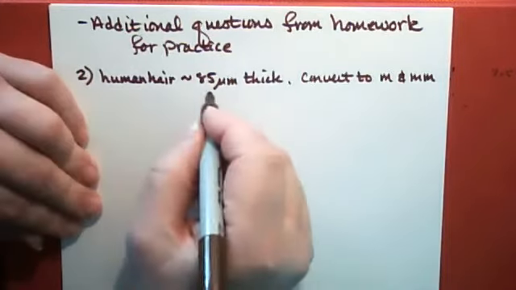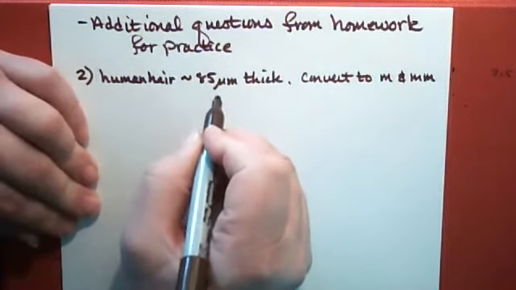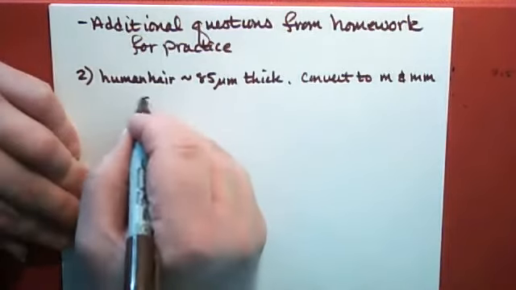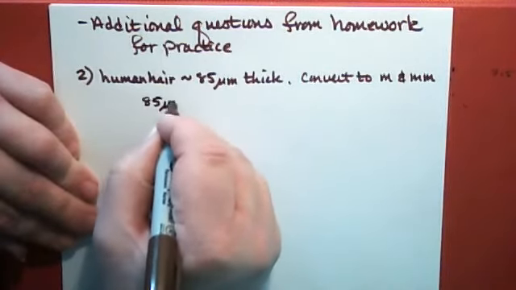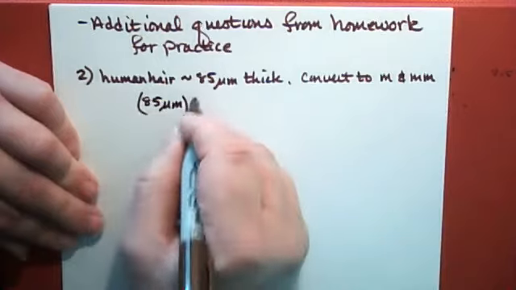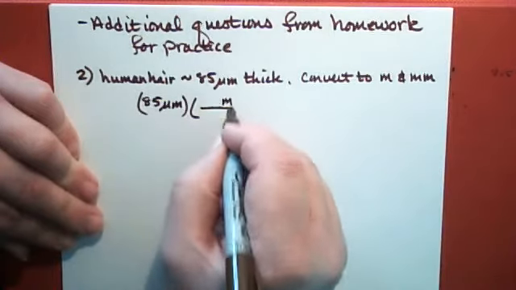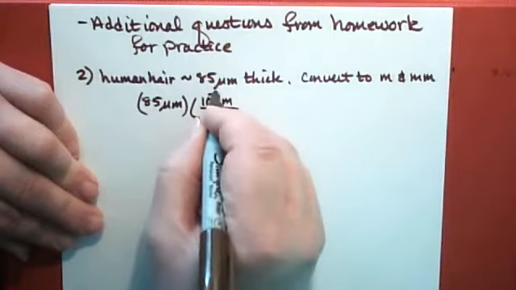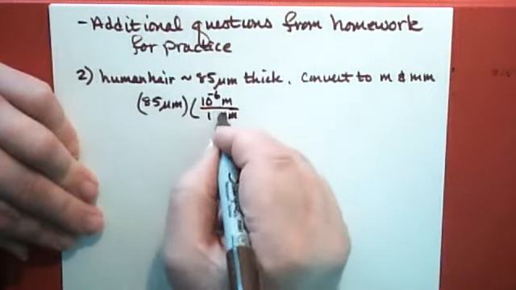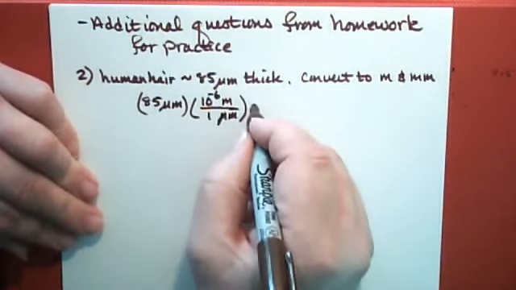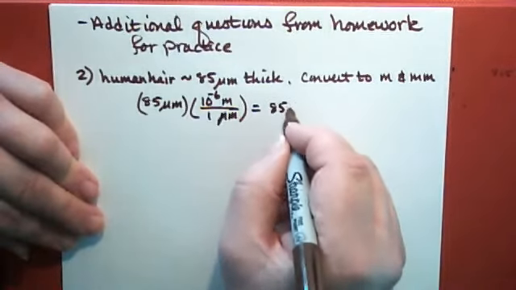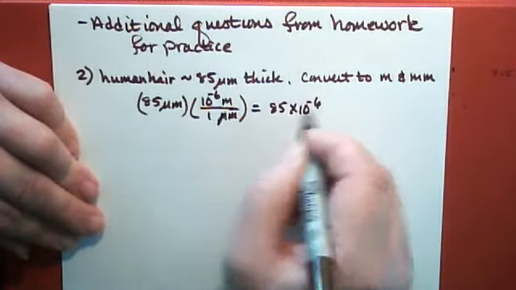Okay, well, all you have to do is look up the meaning of micro and find out that micro means 10 to the minus 6. So 85 micrometers, and if you want to go to meters, there's 10 to the minus 6 meters for every 1 micrometer. So this ends up being 85 times 10 to the minus 6.